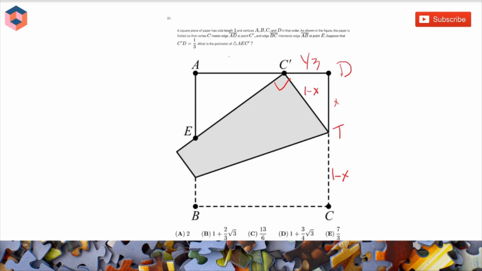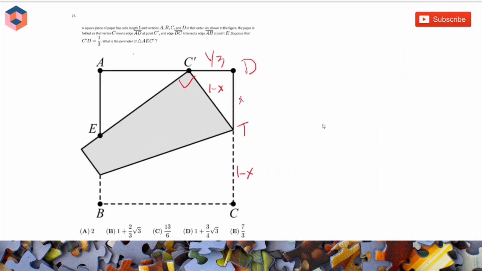And now you know what we can do. We can use the Pythagorean theorem to calculate the value of x. So we have one triangle CDT is a right triangle. So using Pythagorean theorem on that, we have 1/3 squared plus x squared equals 1 minus x squared. This is 1/9 plus x squared. And 1 minus x squared is just x minus 1 squared.